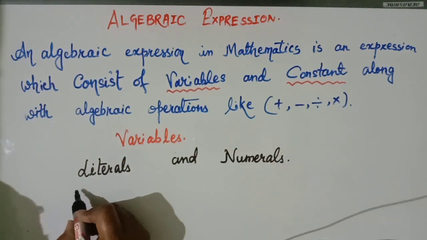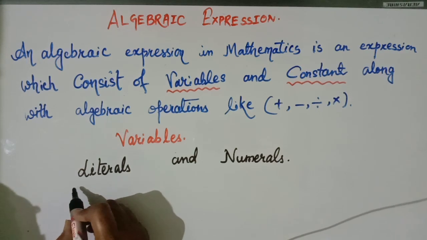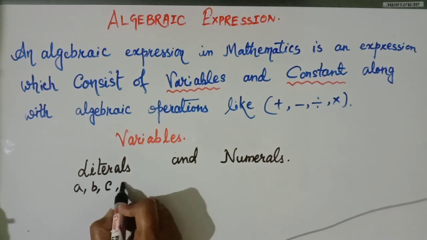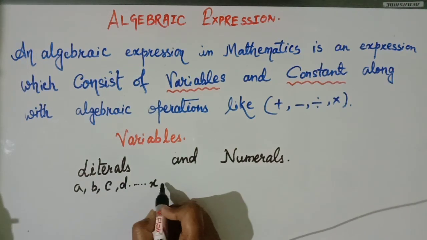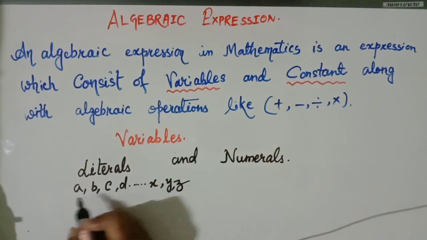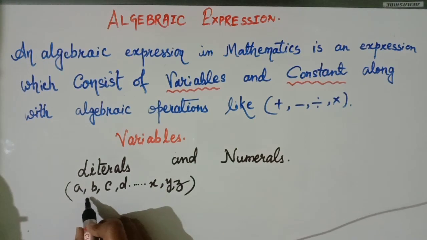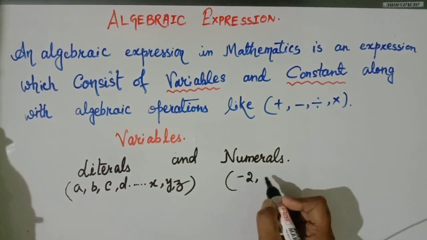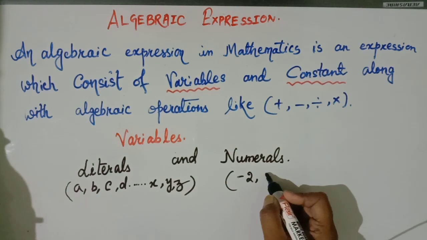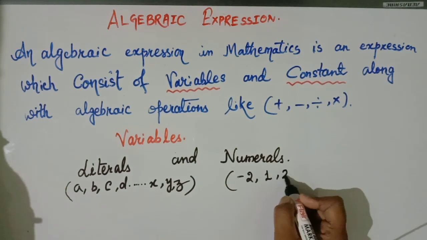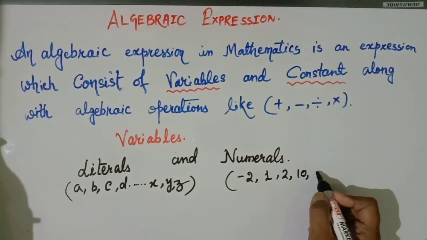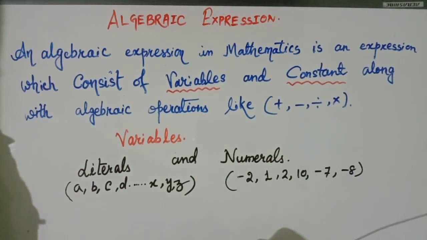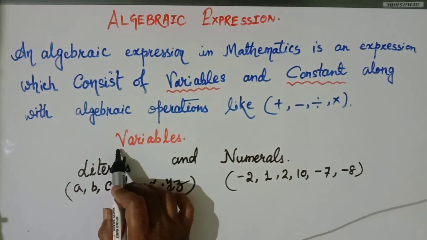Literals are all English alphabet letters, A, B, C, D up to X, Y, Z. These are known as literals. And what are numerals? All the numbers. They may be integers or whole numbers like 1, 2, 10, -7, -8, etc.